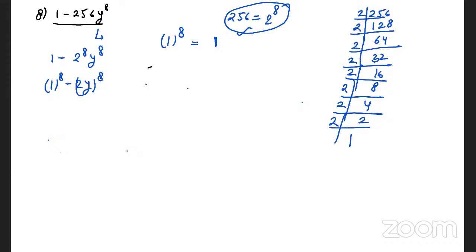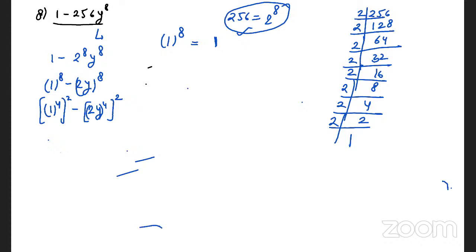Now 1 to the power of 8 minus 2y to the power of 8. Can I split it like this? 1 to the power of 4 squared minus 2y to the power of 4 squared.